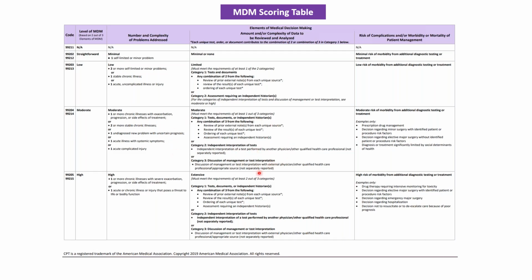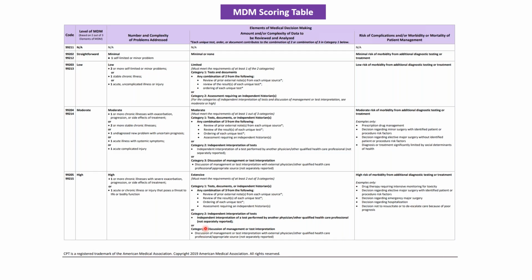If at least one of these categories are met, this is a moderate data. Extensive data is when they carry out all of the same elements for category 1, 2, or 3, but the difference is they have to have at least 2 out of these 3 categories. So category 1 and 2, 1 and 3, 2 and 3, etc.